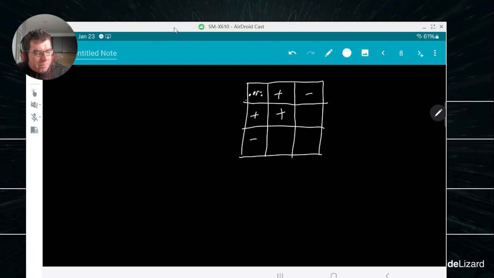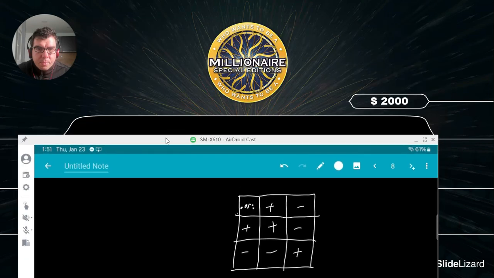Then plus times a minus, positive times a negative gives negative. Negative times a positive will also give negative, and negative multiplied or divided by another negative gives a positive result.